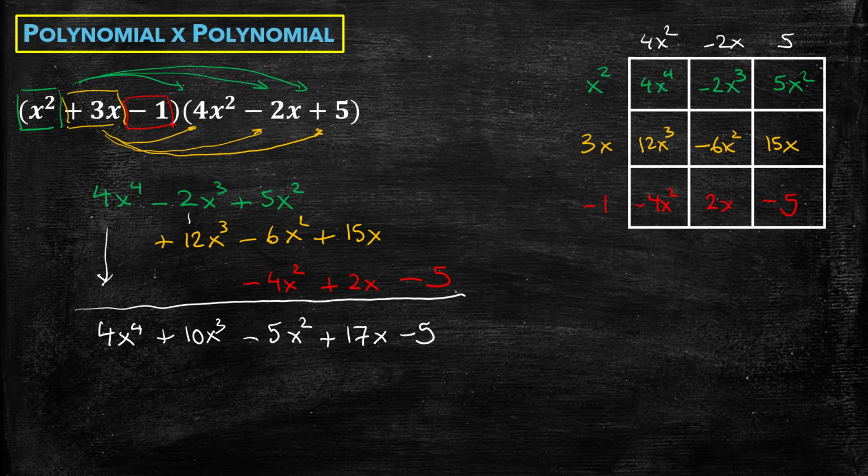The nice thing about this method is you combine like terms on the diagonal. So 4x to the 4th stands alone, but the x cubed terms are on a diagonal, and the x squared terms are on a diagonal, and we'll simplify to negative 5x squared, 15x plus 2x, 17x, and then the minus 5.